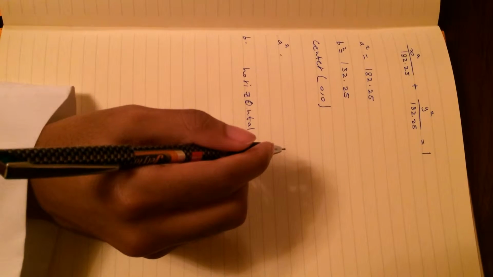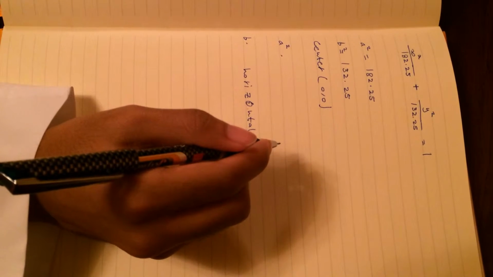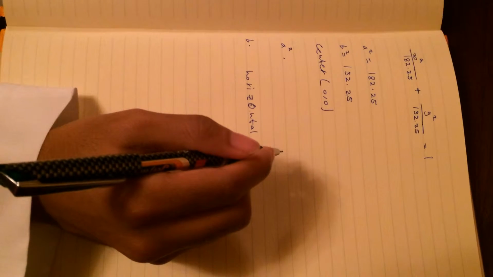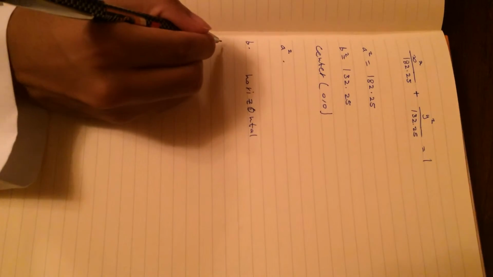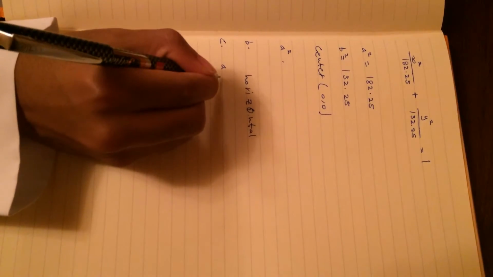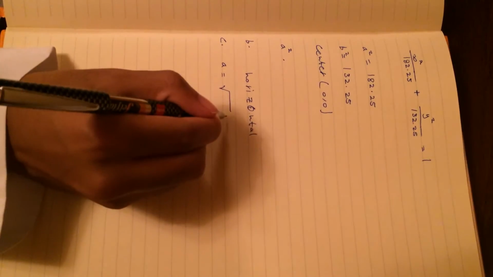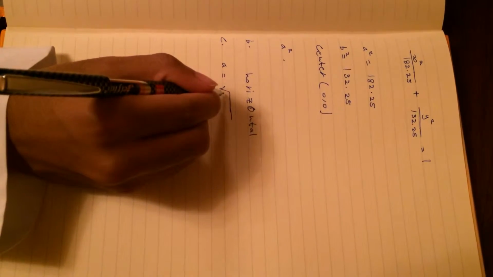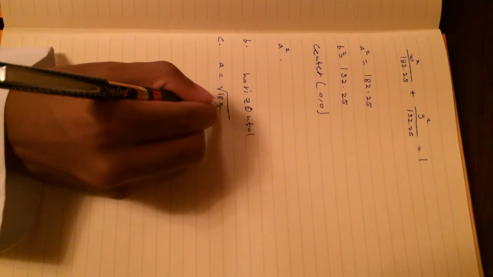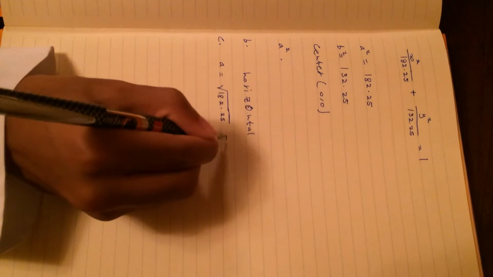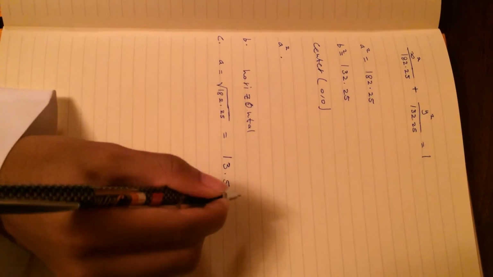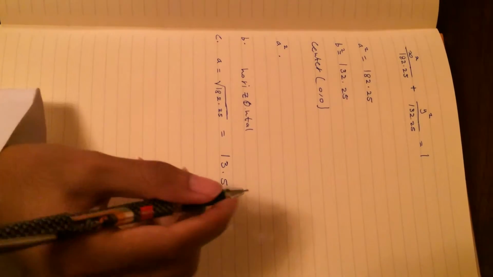So part C, they are saying that Muhammad says that the width of the bridge is 30.5 feet. Is he correct? He is wrong, because the value of a will be the square root of the a squared that they are giving us in the first formula, which is the square root of 182.25, which will be equal to 13.5, which is the half value of the major axis.